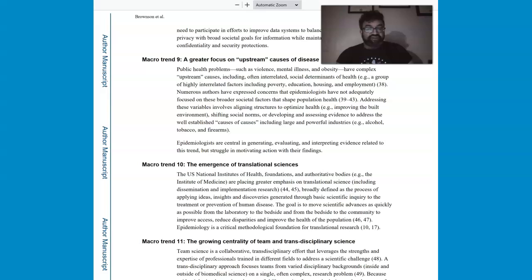The emergence of translational sciences. So the NIH, foundations, authoritative bodies, placing greater emphasis on translational science. So implementation of research.